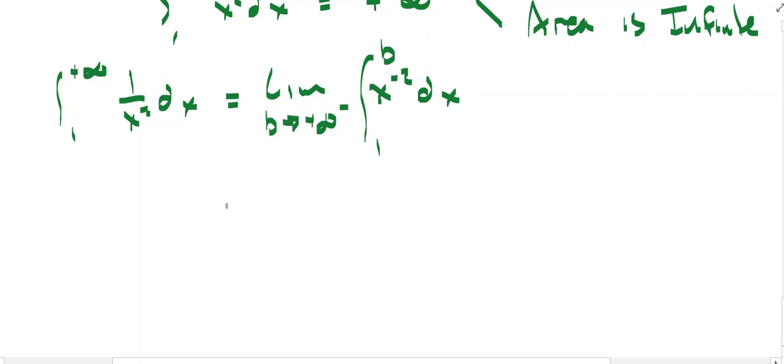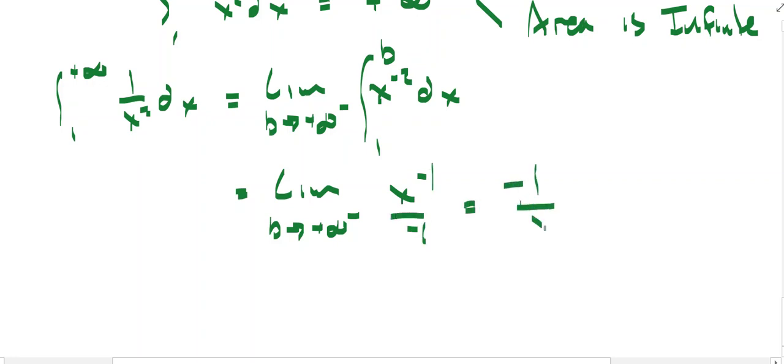Evaluating this, we raise the exponent by 1, so it's x to the negative 1 divided by negative 1, which would be better written as negative 1/x.